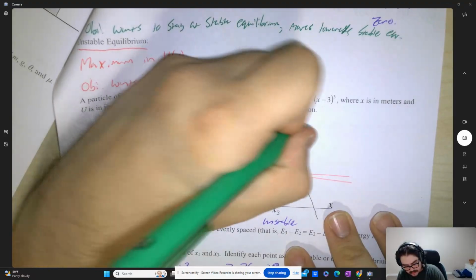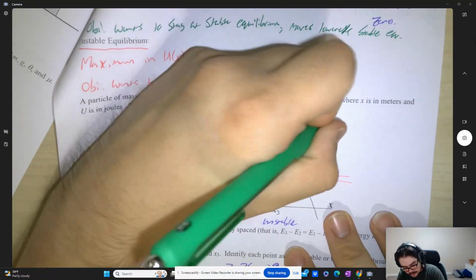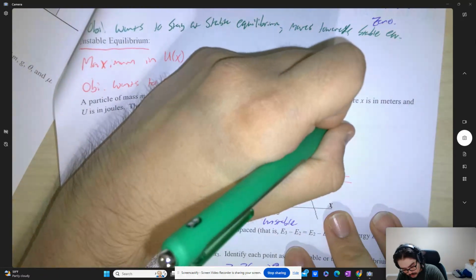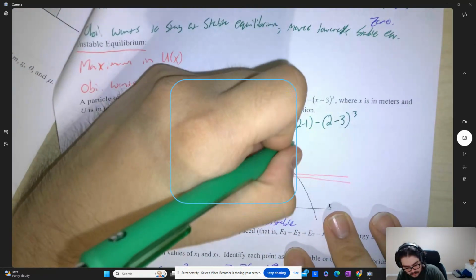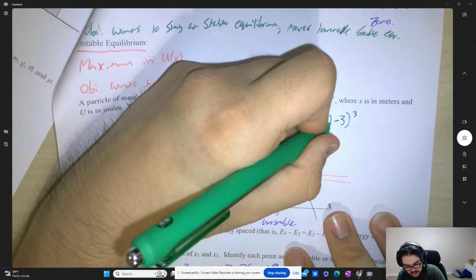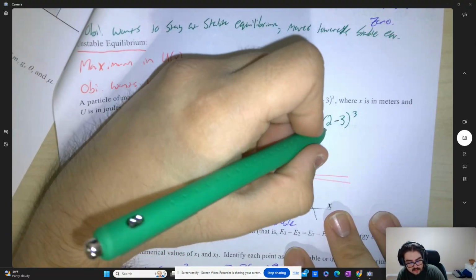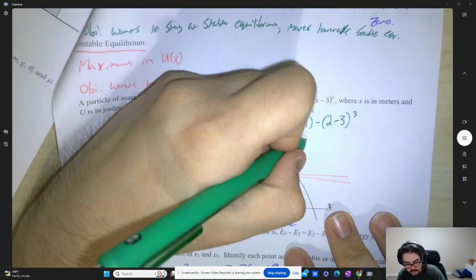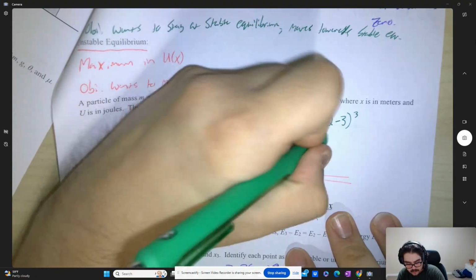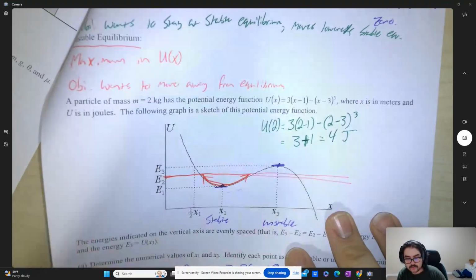That would be 3 times 2 minus 1 minus (2 minus 3) cubed, and that should give me 3 minus, negative 1 cubed is still negative 1, minus negative 1, so it would be plus 1. That should give me 4 joules of potential energy.